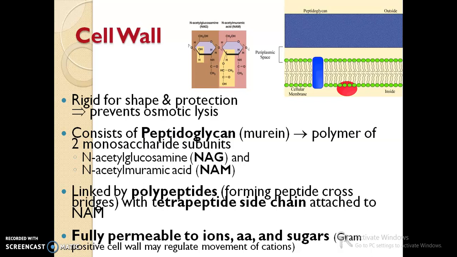It is very rigid and gives shape to the cell. Its main function is to prevent the cell from expanding and eventually bursting due to water uptake. The cell wall constitutes a significant portion of the dry weight of the cell, and it is essential for bacterial growth and division.